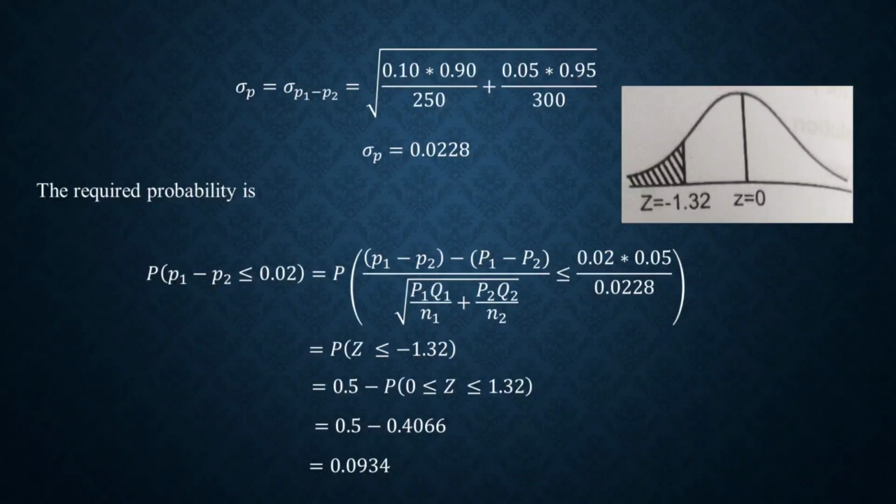So the required probability P of p1 minus p2 less than or equal to 0.02 value is P of Z less than or equal to minus 1.32, which can be rewritten as 0.5 minus P of 0 less than or equal to Z less than or equal to 1.32. Now from the table we have P of 0 less than or equal to Z less than or equal to 1.32 is 0.4066. So the probability is 0.0934.